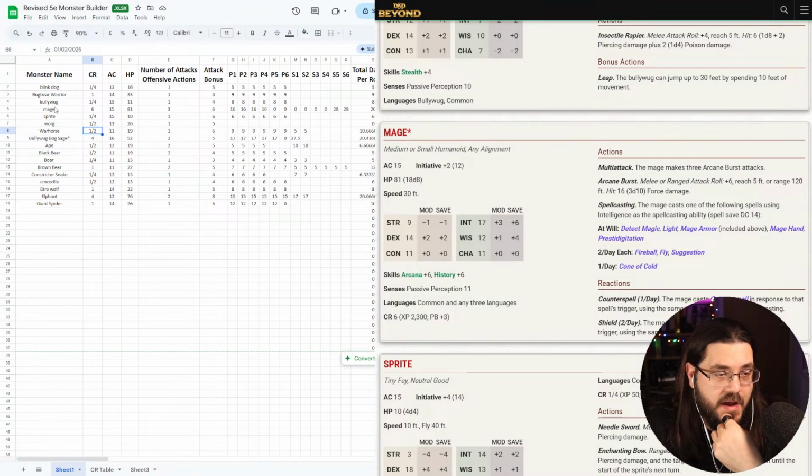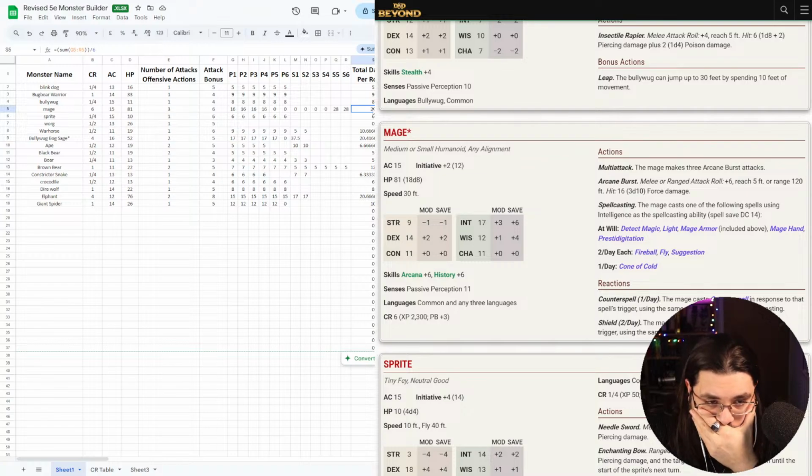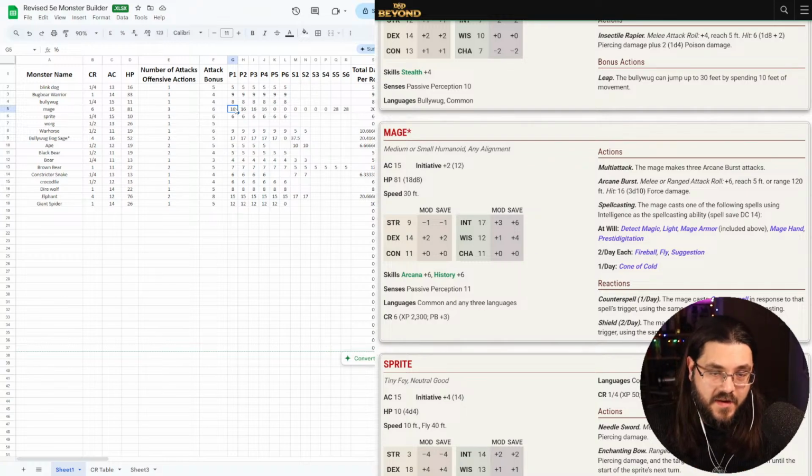Right, so mage, which is here, so 16 damage is its arcane burst, and it makes 3 of them. So that is why, because that 16 should be a 48, right? Because it's making 3.